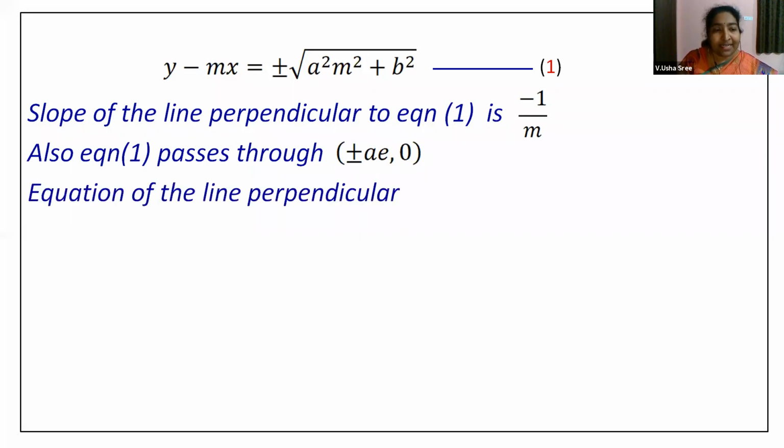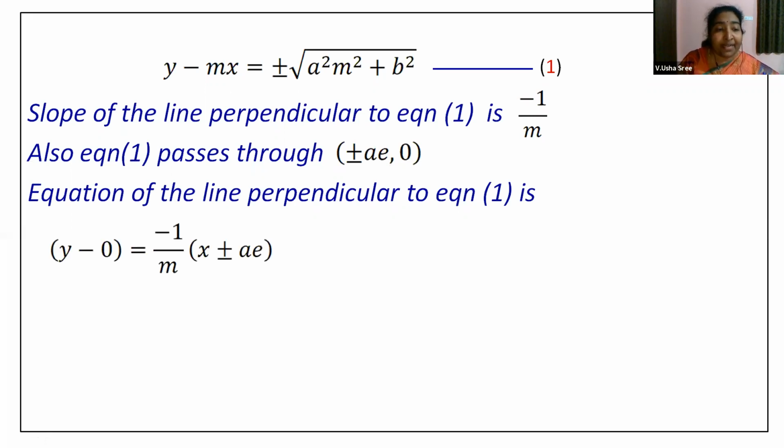So the equation of the line perpendicular to the tangent, I would like to make a correction, children: this is not equation 1, but the required equation is passing through the foci, the equation of the perpendiculars dropped onto the tangent. Okay, so here it will be y minus 0 is equal to -1 by m, which is nothing but the slope, into x plus or minus ae. So y minus 0 is of course y.